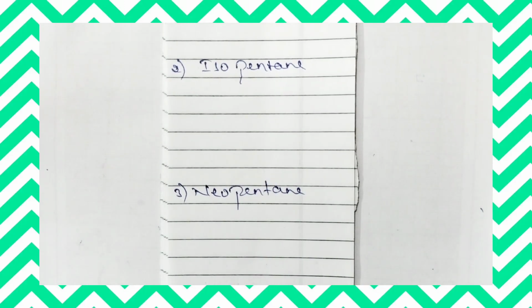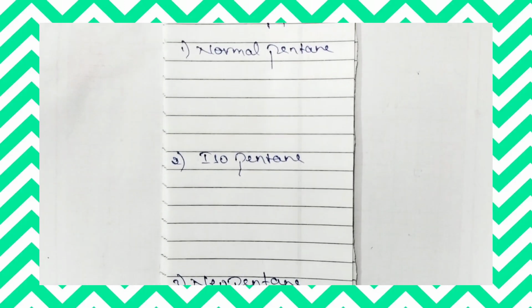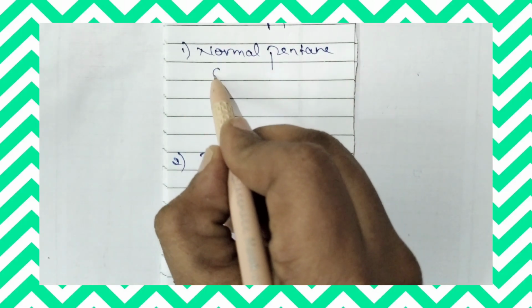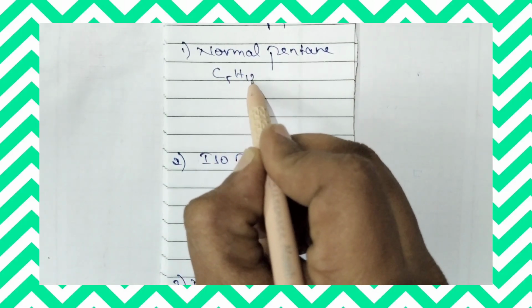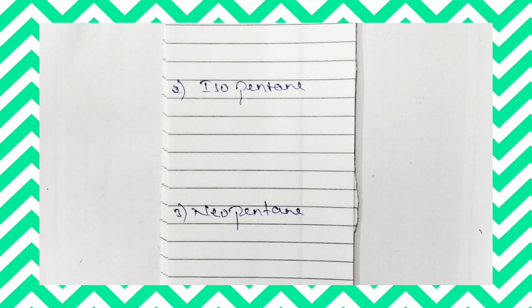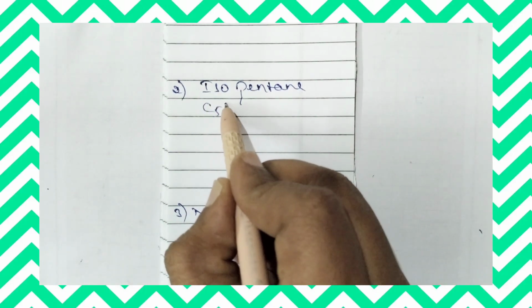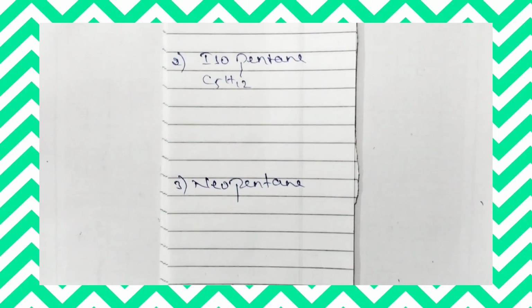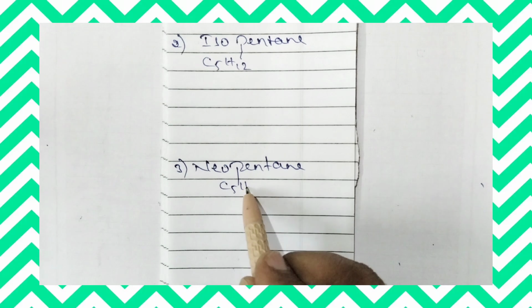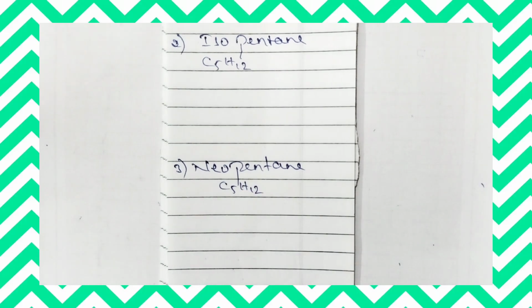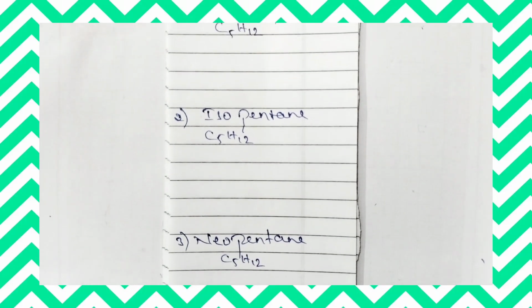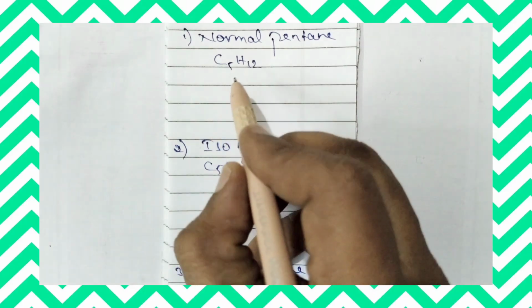Let us write the molecular formula: normal pentane is C5H12, isopentane is C5H12, neopentane is C5H12. All 3 have the same molecular formula, but let us write the structures.